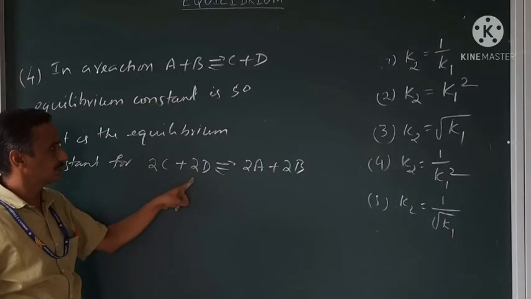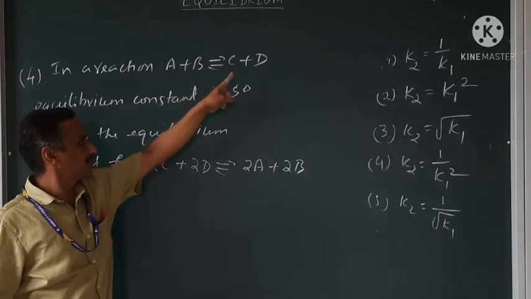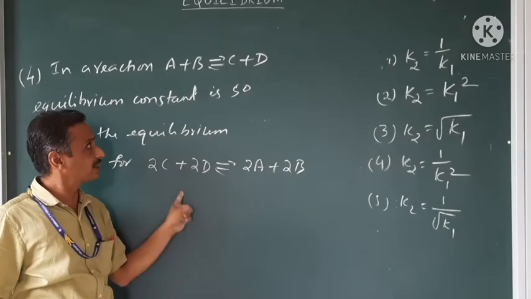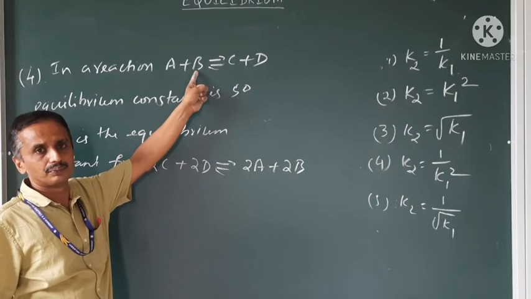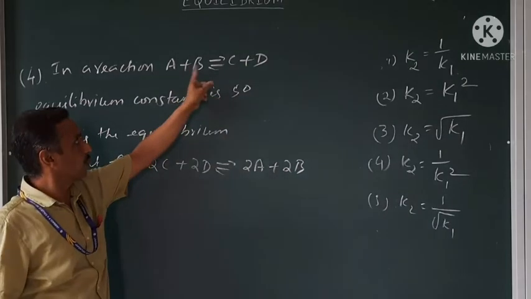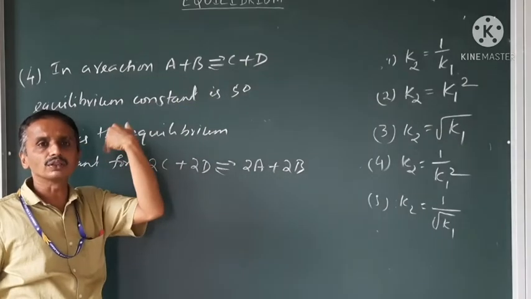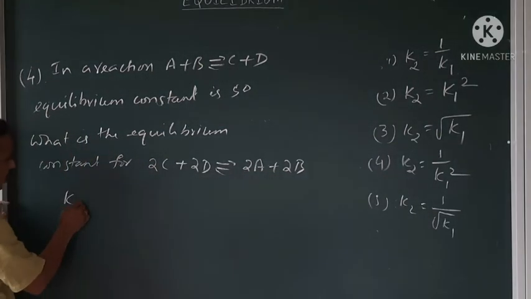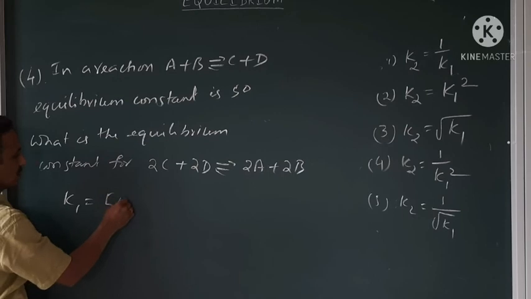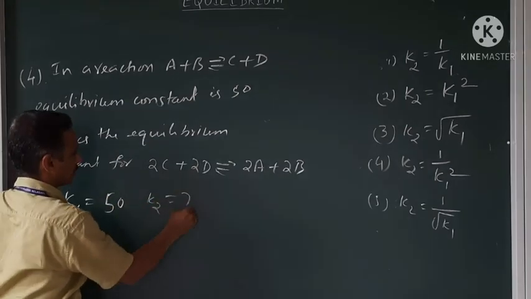I reversed it, because C plus D came into the reactant side and A plus B went to the product side now. And here 1 was there, there 2 means concentration was doubled. So K1 is 50, K2 you have to calculate.